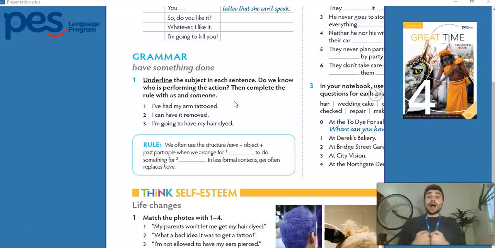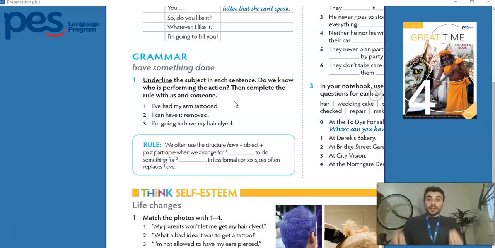In 3 we have, I'm going to have my hair dyed. So, again, the subject is I, because this sentence is about me. But who is going to paint the hair in a different color? To have the hair dyed in a different color? Okay, probably not myself. Probably I'm going to a hairstylist, or I'm going to have someone who knows how to dye hair, okay, to have it done.